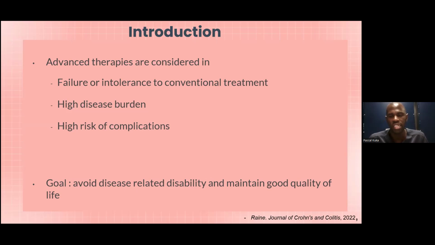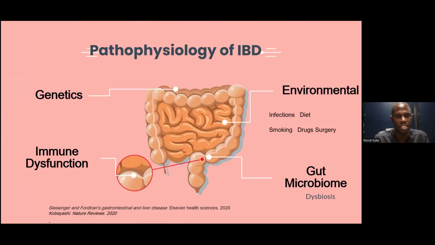Also, patients who are at high risk of complications will also be considered for advanced therapies. And the key goals are to avoid any disease-related disability and also maintain a good quality of life.